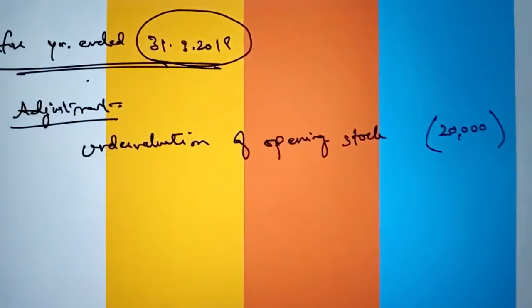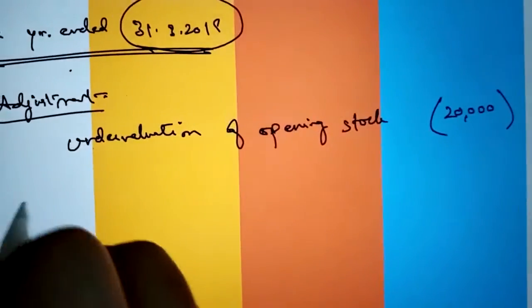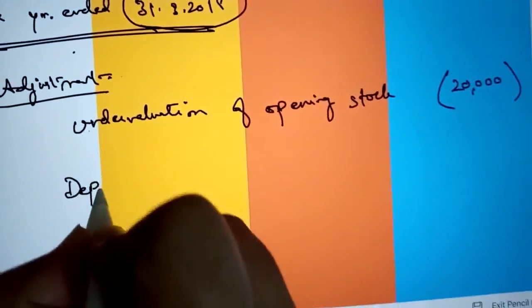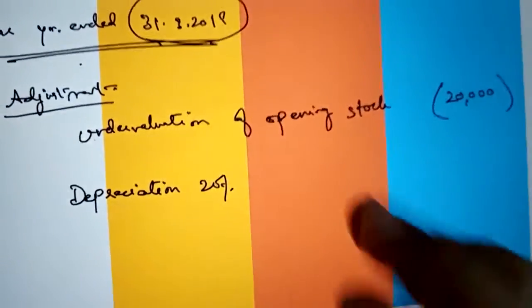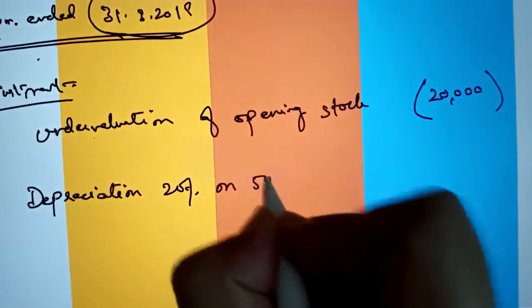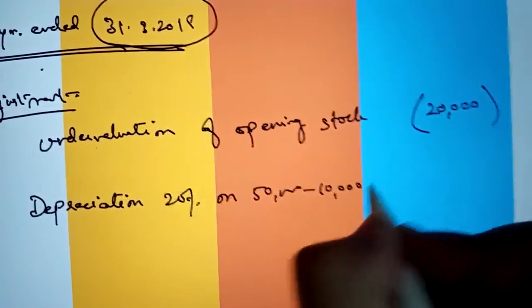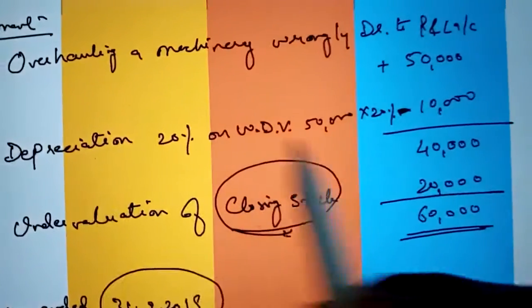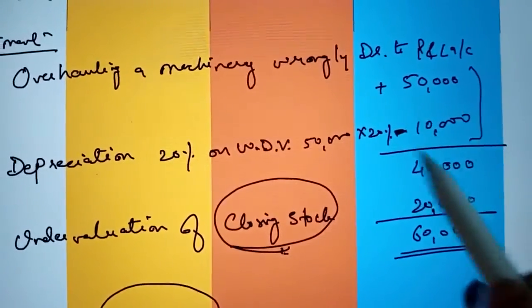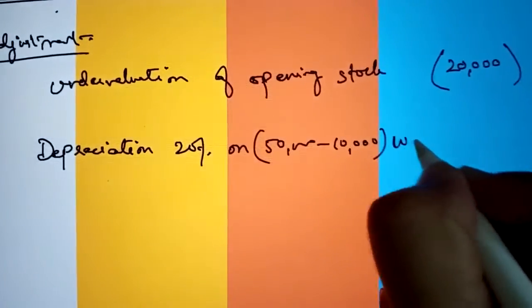And the next adjustment is for depreciation, because depreciation is charged on written down value method. So depreciation 20% on 50,000 minus 10,000, because 10,000 we have already deducted as depreciation from the first year here. Yes, we have deducted here this 10,000 as depreciation on written down value method.